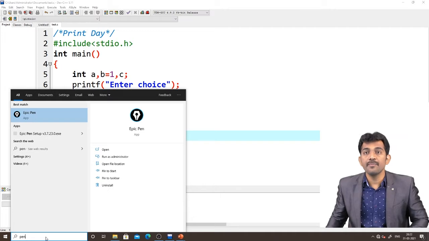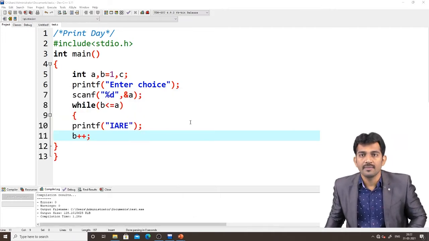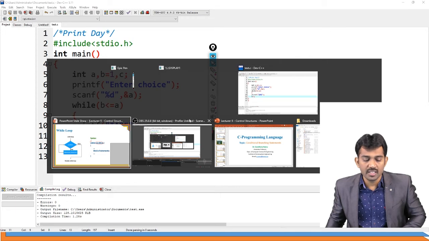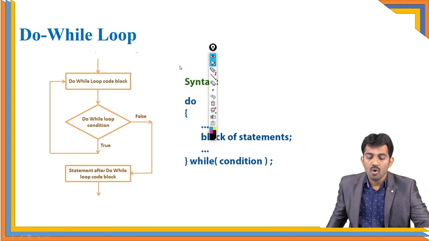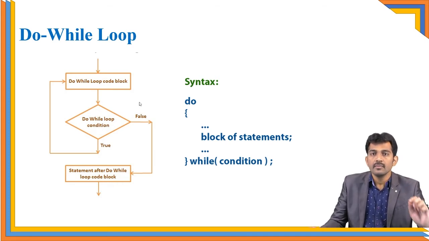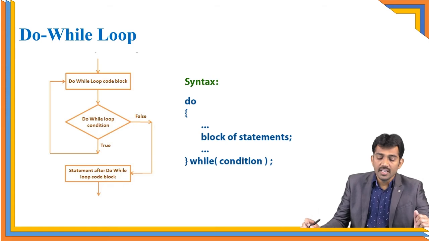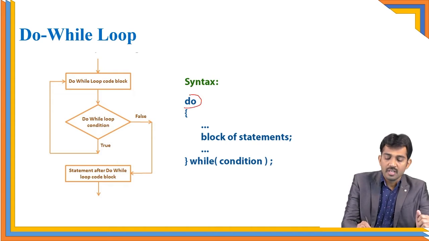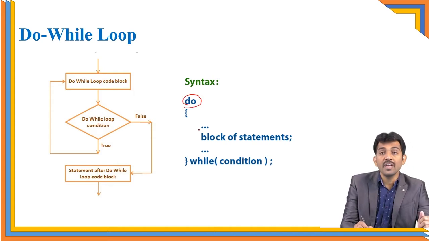And we will see do while. How does do while work? What is the difference between while and do while? See, do while is somewhat different when you compare it with the while loop. Even if the condition is false the first time, it is going to execute. That is the advantage of the do while loop. Is this clear? See, initially it is a do. You don't have a condition check.